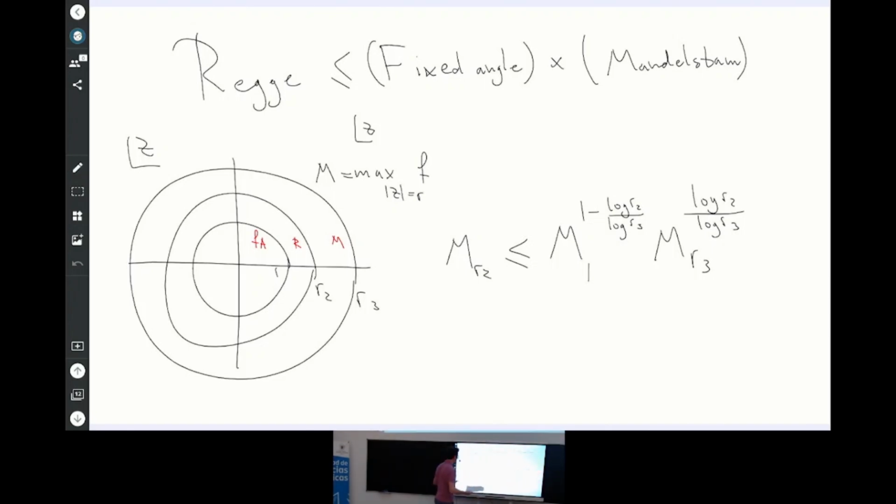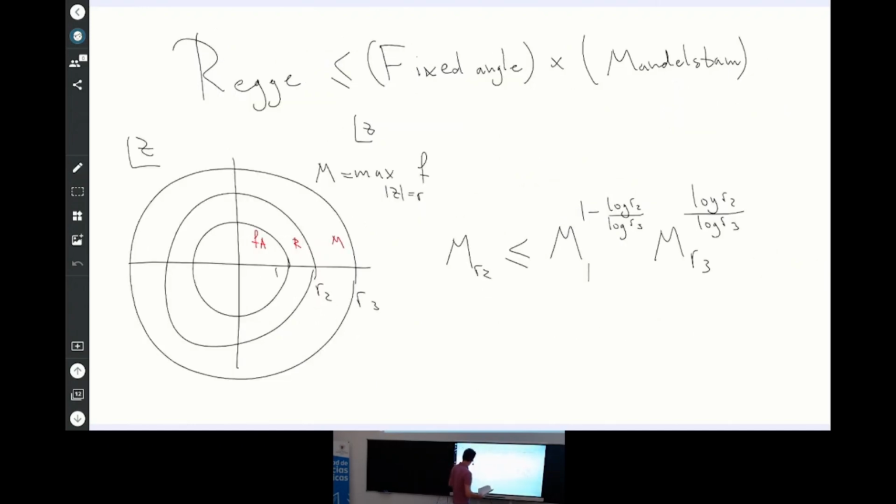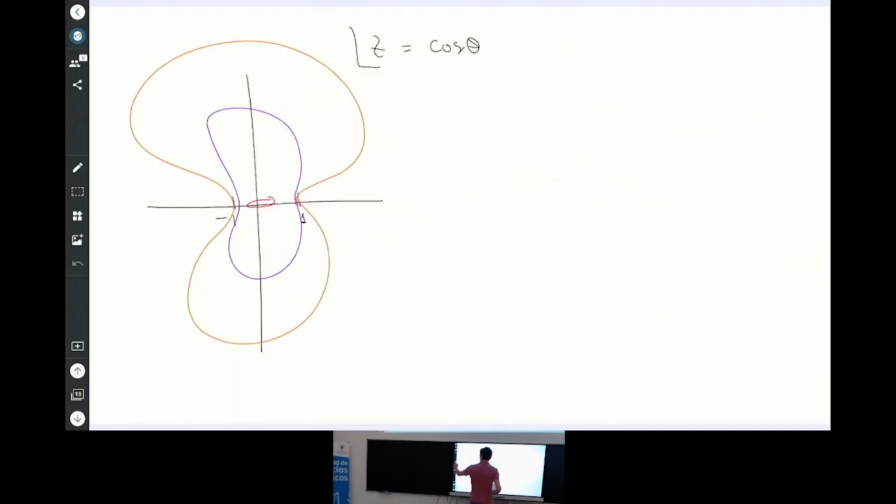So in fact, the Serulus-Martin bound says that if your amplitude satisfies maximal elasticity and the Mandelstam representation, it cannot decay faster than that. Or, in other words, another way to state it: if you believe in this formula for gravity, then there is no Mandelstam representation in gravity.